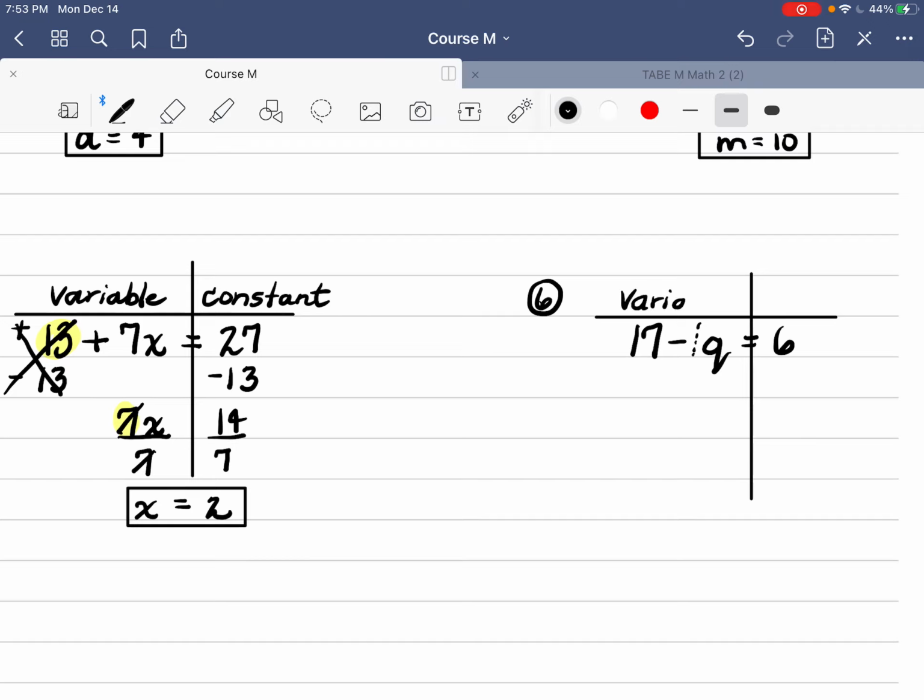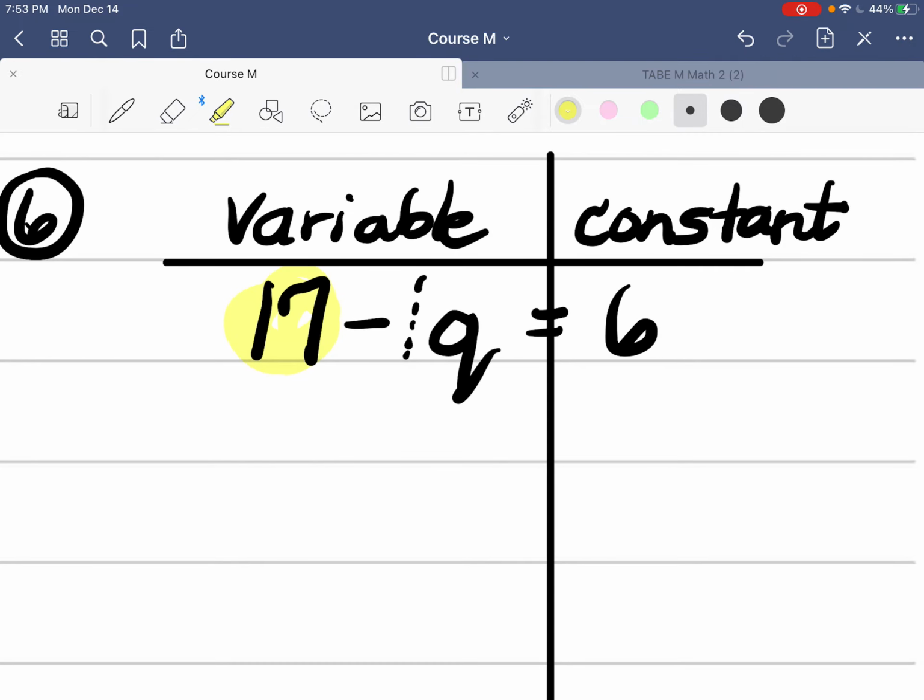Alright, q is the variable, and 6 is not variable. 6 is 6, and that's constant. And we need to move this 17 over there with the other constant.